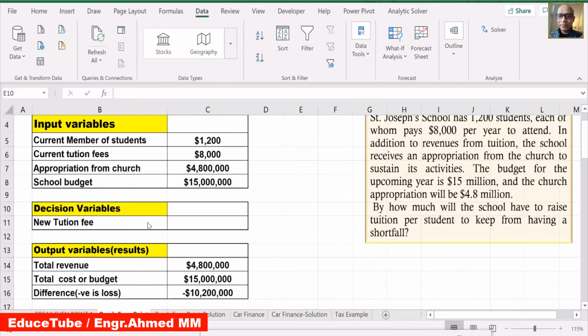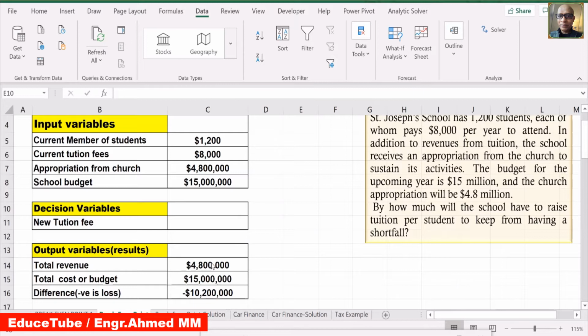The decision variable: the question is how much will the school have to raise tuition per student to keep from having a shortfall. Before it was 8,000, now it will be more, but we have to find how much it is. So our first task is to find the output variables.